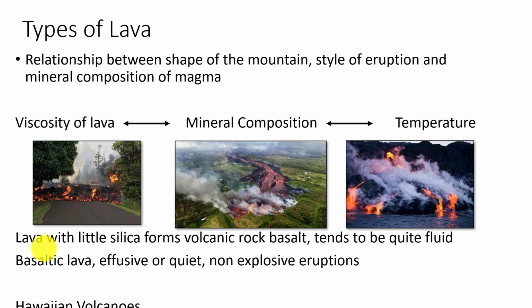So when we think about volcanoes, there is a relationship between the shape of the mountain, the type of eruption, and the mineral composition of the magma. As you can see here, there is a relationship between viscosity of lava, mineral composition, and temperature as well.